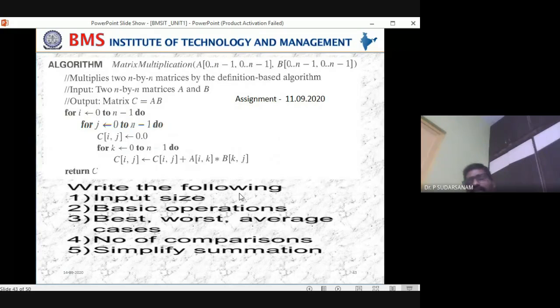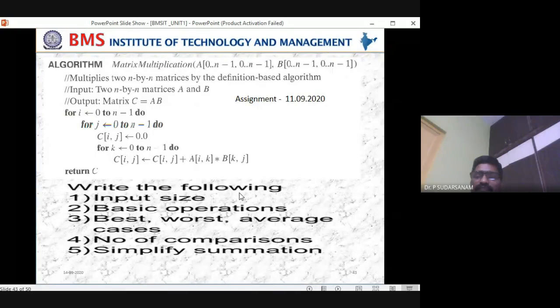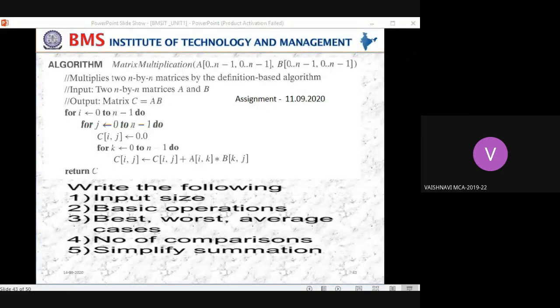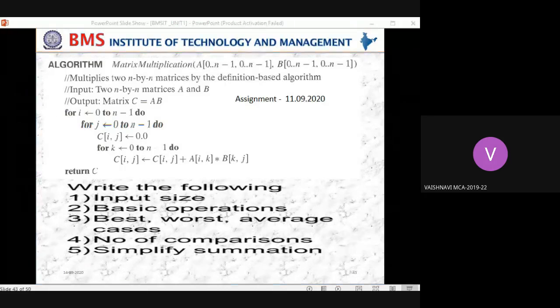Whoever has done it, you can check it. How many of you have done this? Vaishnavi, have you done it or not? No, sir. Why? Sir, I only got 2 to 3, the rest I didn't get.